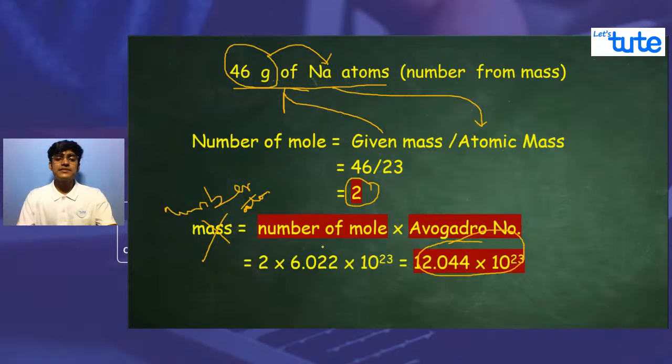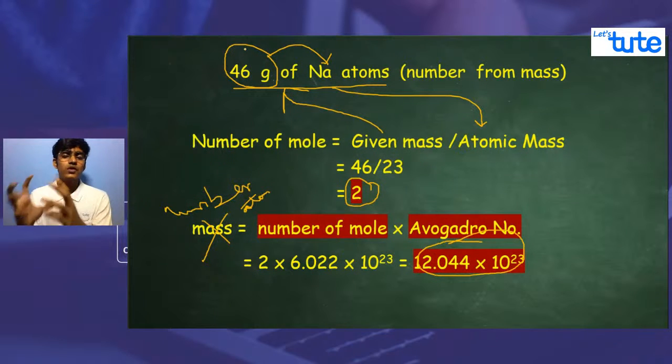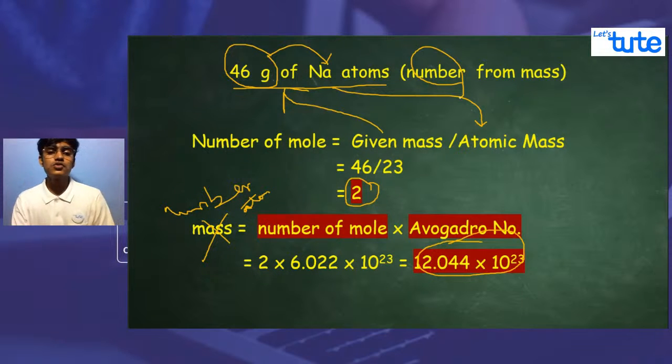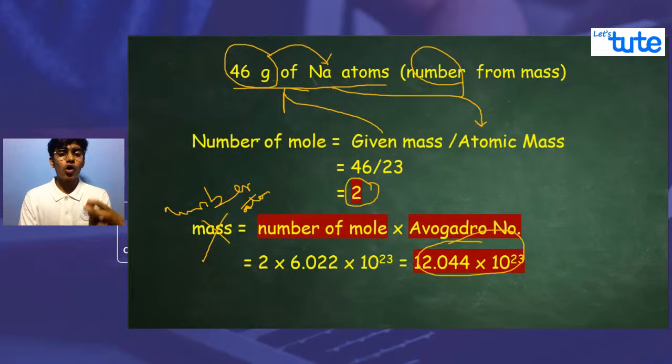Now, what happens in this condition? You are given a particular mass of sodium, and you're supposed to find the number of atoms present in this 46 grams of sodium. So what is the formula? You first find the moles of this element.